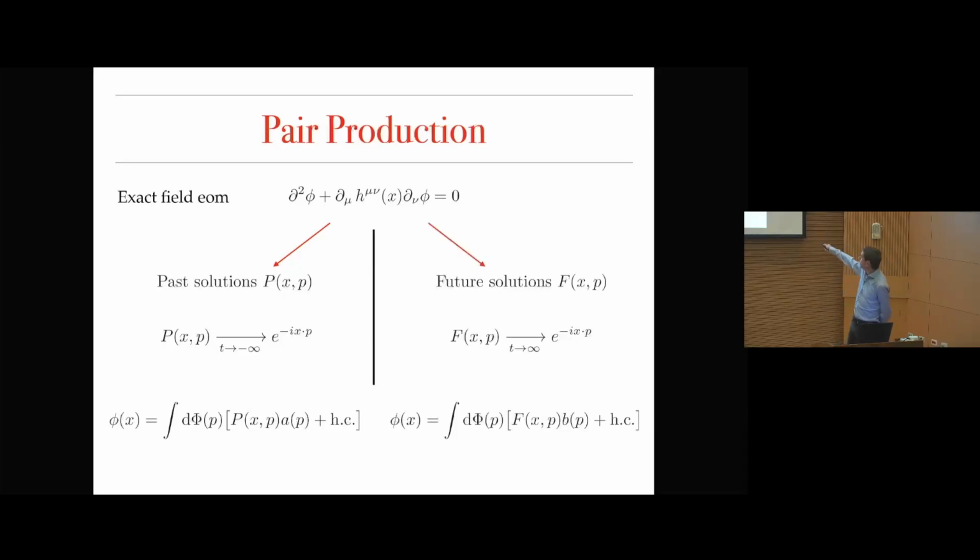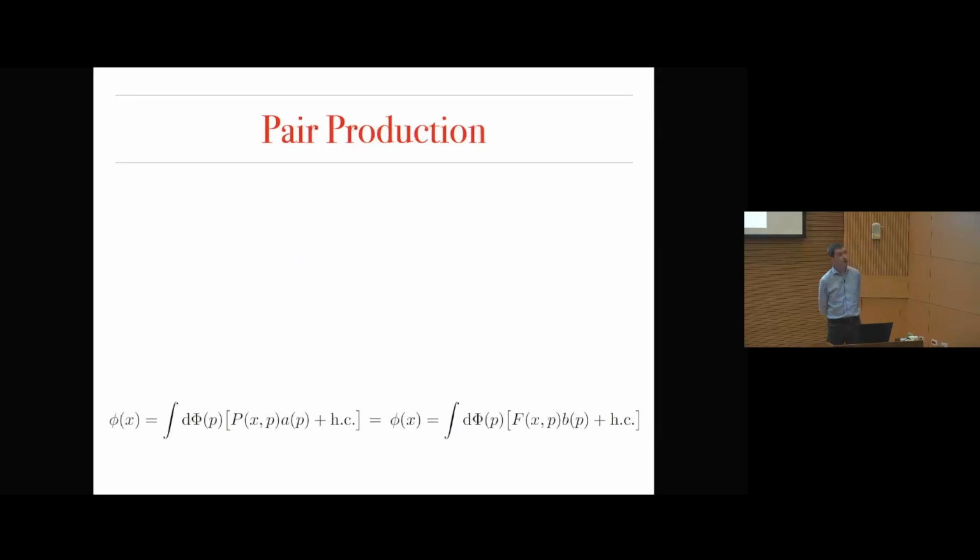There are some other basis functions, the future functions F. They have the property that in the far future, t goes to plus infinity, you get plane waves. So I can expand the quantum field again in terms of these F's. And because the F's satisfy these boundary conditions in the future, the coefficients are the future ladder operators, the B's. But it's just one quantum field, so those are equal.